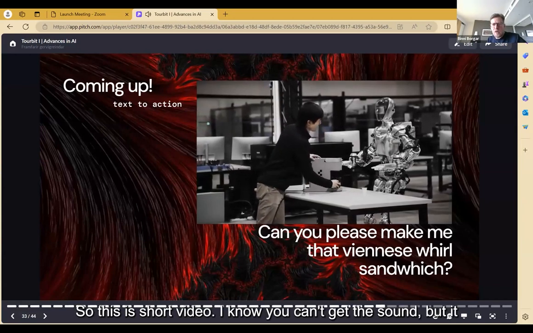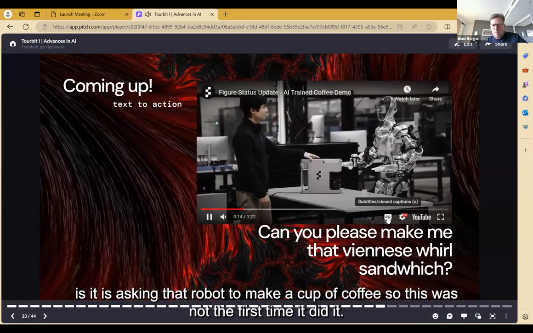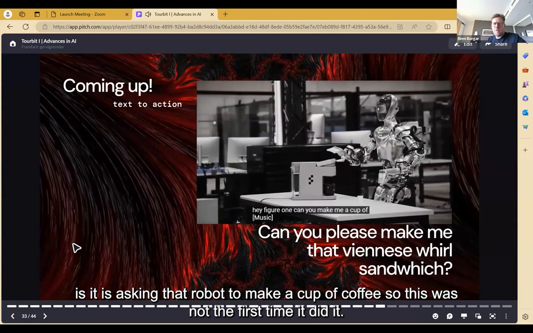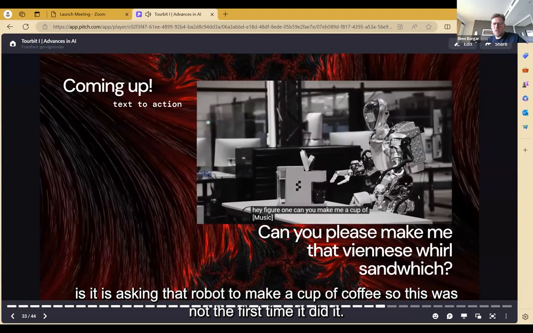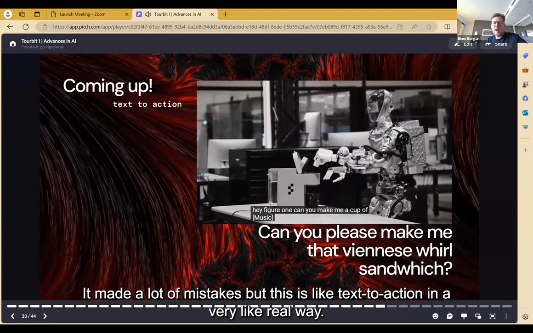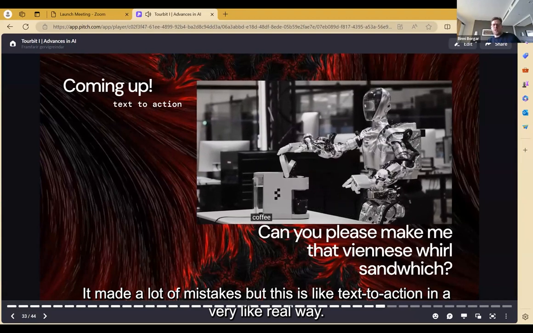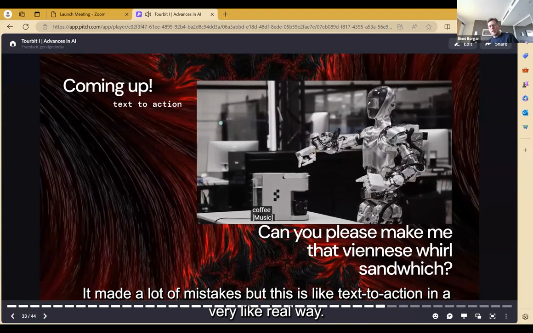Yeah, I know you can't get the sound, but it is asking that robot to make a cup of coffee. So this was not the first time it did it. It made a lot of mistakes, but this is text to action in a very real way.